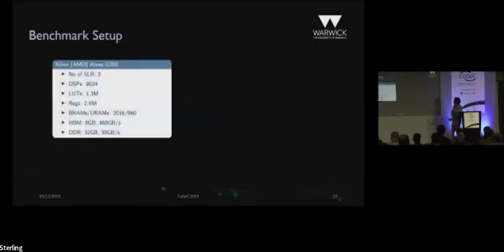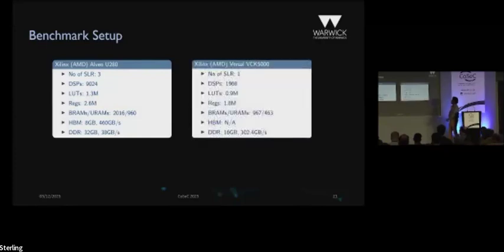So finally, we tested this new code translation mechanism with purely OPS-written applications, and we tested them on 2 different types of FPGAs. One is the Alveo U280, which is a bigger FPGA with 3 SLRs, and the other is the Versal VCK5000, which is a newer device, slightly smaller, but it has some powerful DSPs.